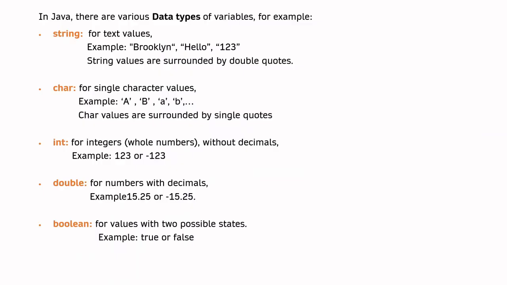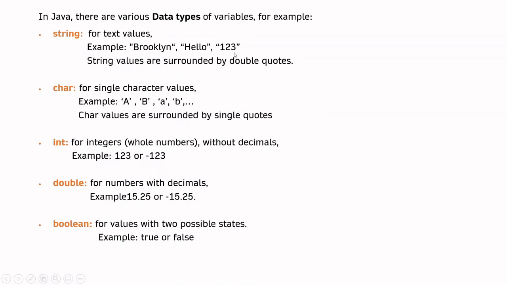Now, in Java, there are various data types, and there's a whole video that I'm going to post after this one that talks more about these data types. But for now, to keep it simple, let's look at some examples of data types that variables can have. A string is for storing text values, for example Brooklyn or Queens, like we saw earlier. Hello, or 1, 2, 3 in quotes, is a string value.